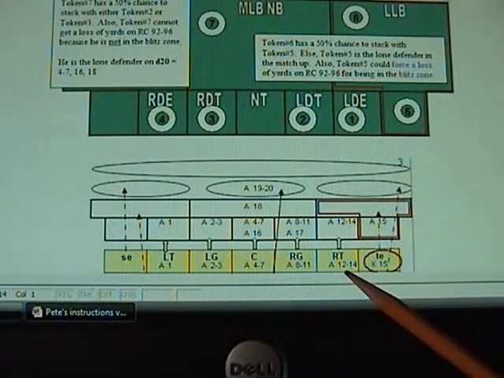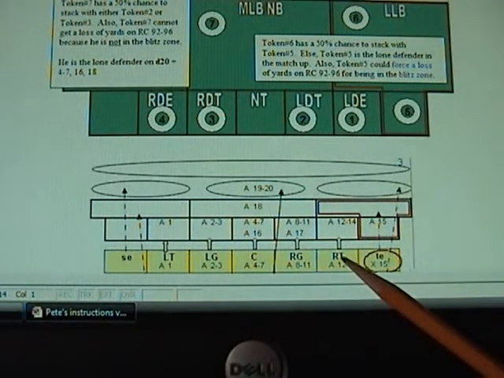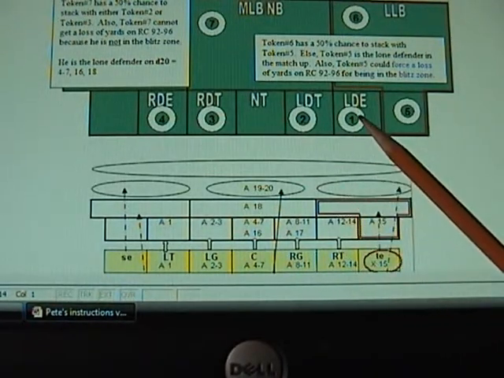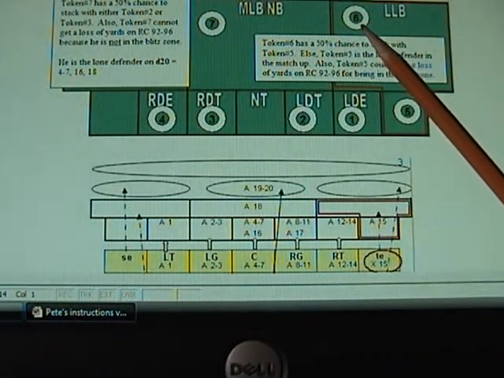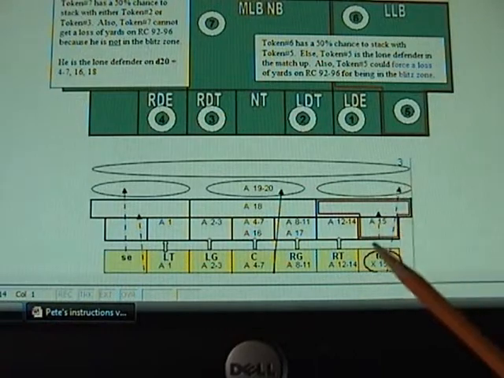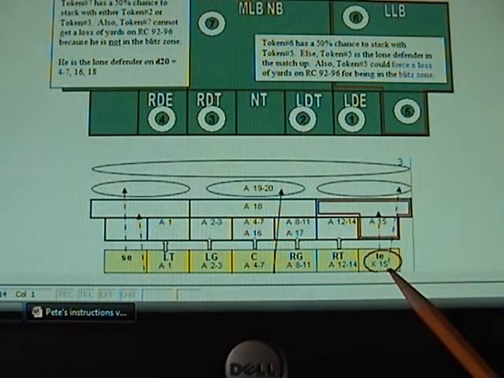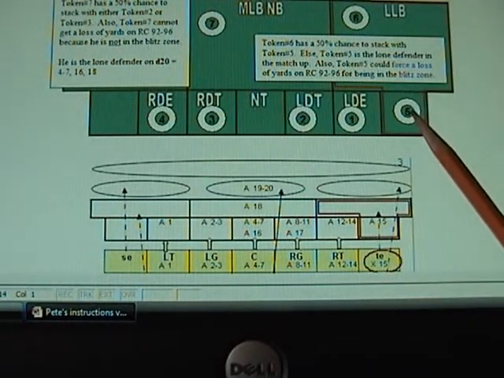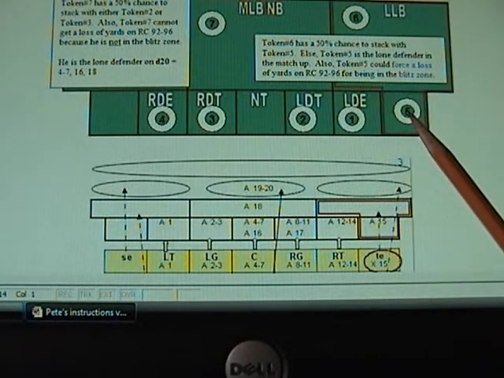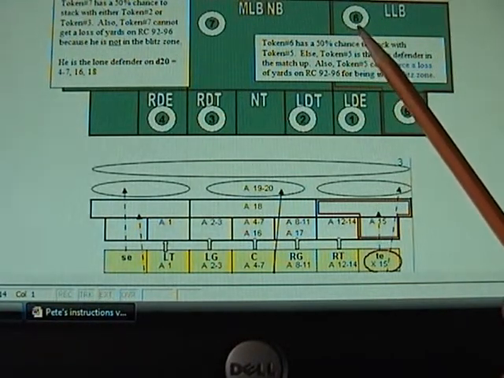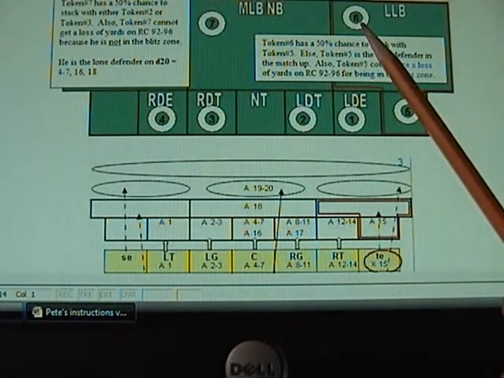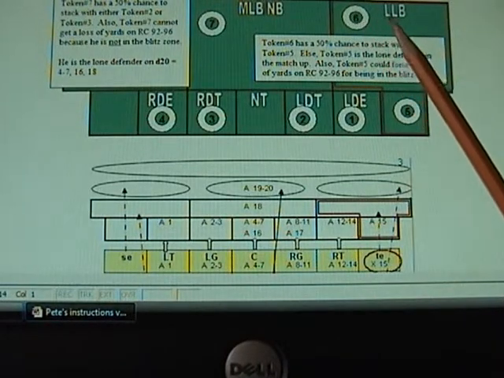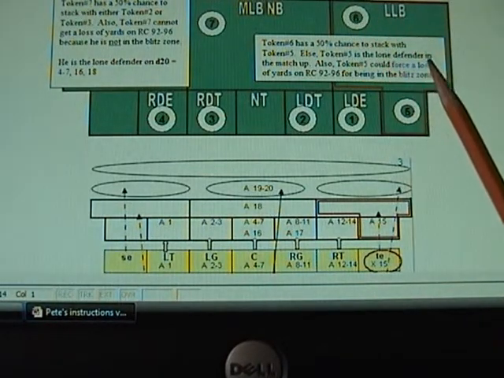So D20 rolls of 12 through 14 would get a matchup of the left defensive end, and half the time those matchups would result in a stack. A roll of 15 would give us the tight end matching up with the left blitzing linebacker, and half the time token number 6, the middle linebacker, would stack randomly with him.